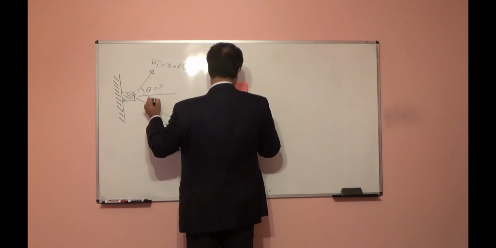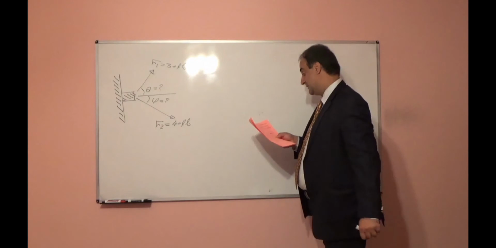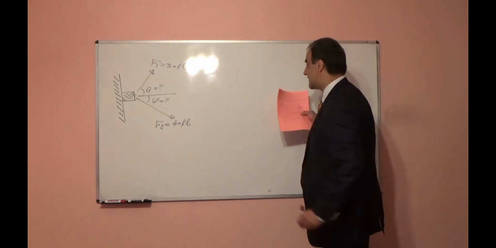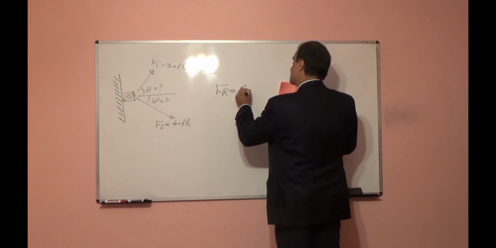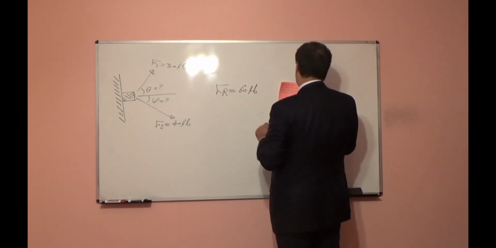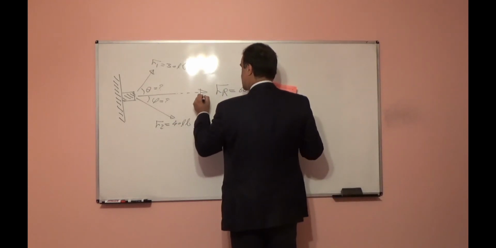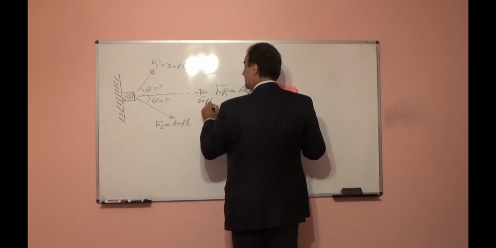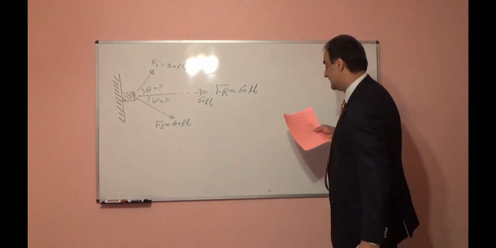This angle is phi, again we don't know the magnitude of phi, but we know the resultant force magnitude is equal to 60 pounds, and the resultant force is in the positive direction of the x-axis. So the resultant force is in this direction. We want to find theta and phi.